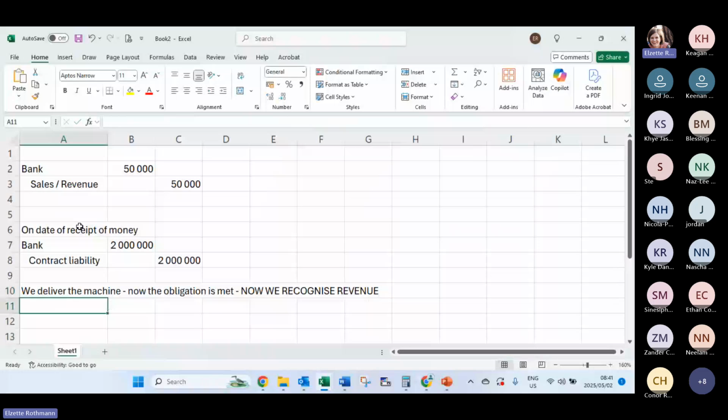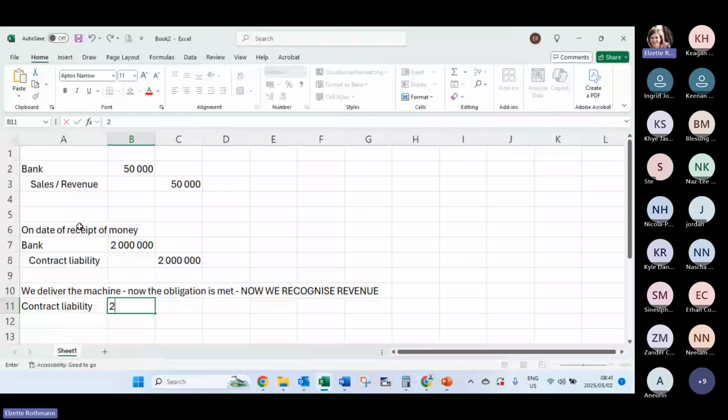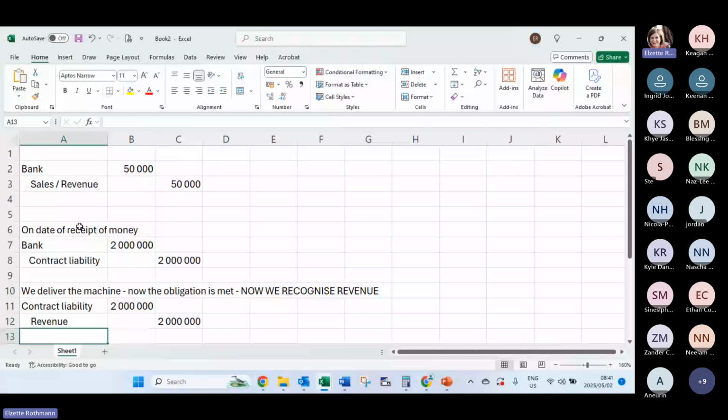So then what we do, we debit the contract liability because now it's not a liability anymore. And now we can credit revenue because now we say, okay, since the obligation is met, now I can recognize revenue.